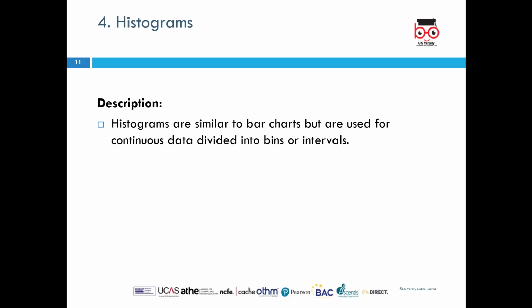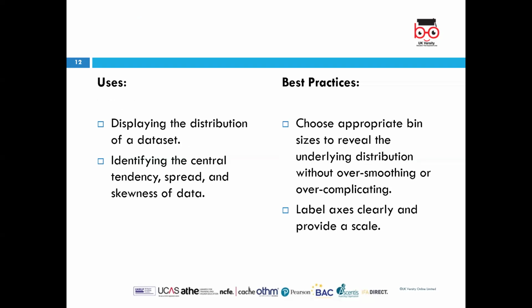Histograms, these are similar to bar charts, but they're used for continuous data divided into bins or intervals. So the use of this is to display distribution of the data set, identifying the central tendency, spread and skewness of data.